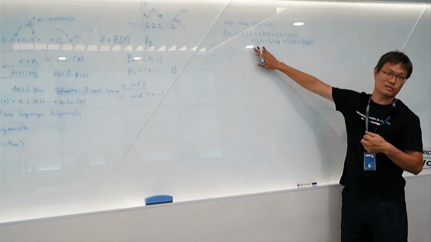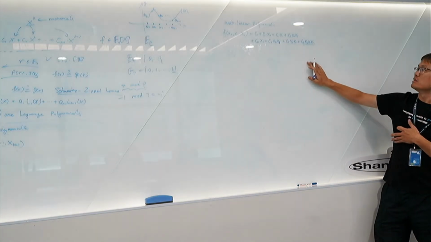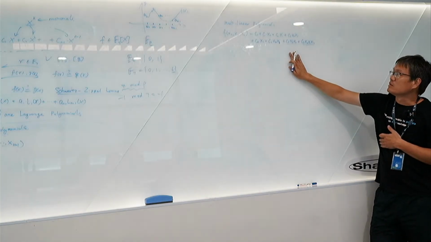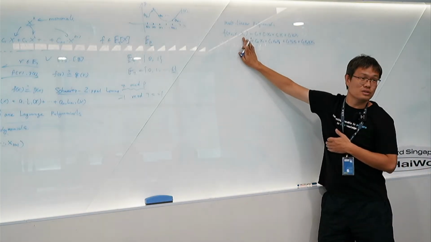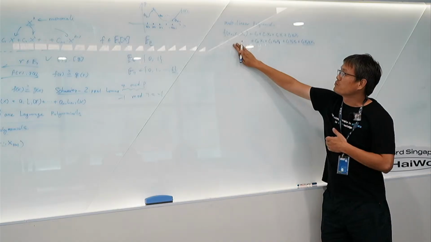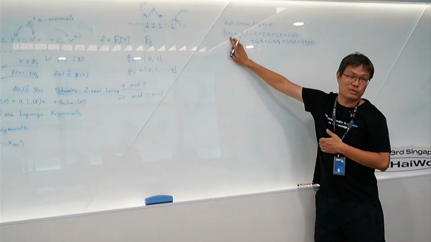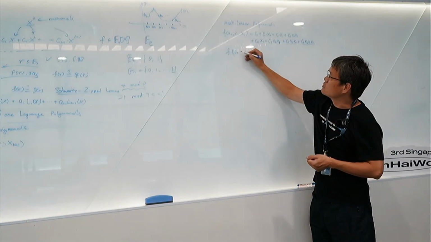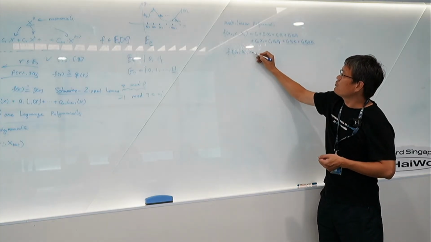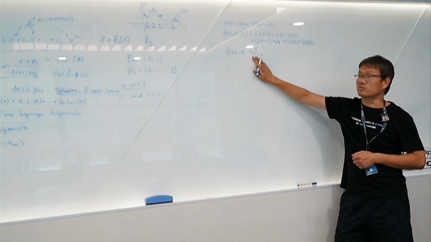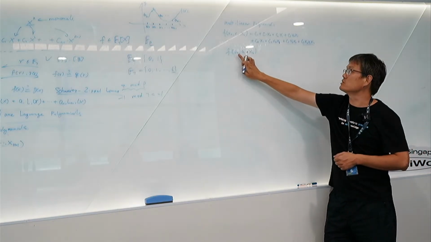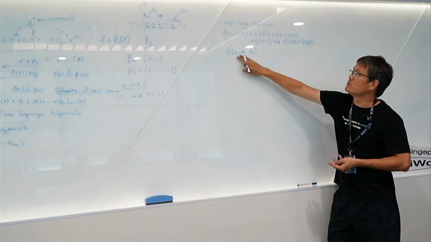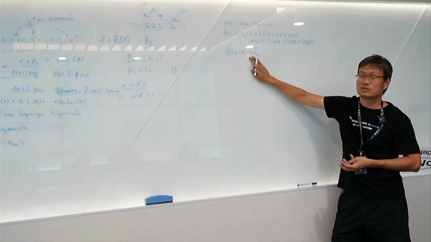But right now we just put it here. It's called multilinear. Why? Because for each variable, we can substitute some element. For example, we put a0, a1, and then leave the third as a variable. By substituting the first two variables with some constant number, this polynomial will be a linear polynomial.